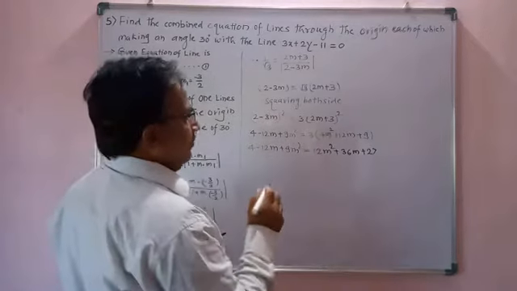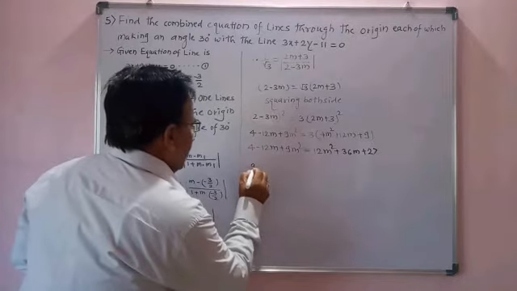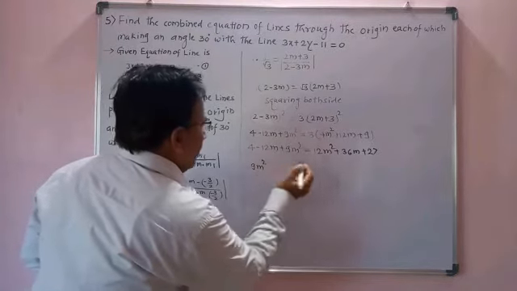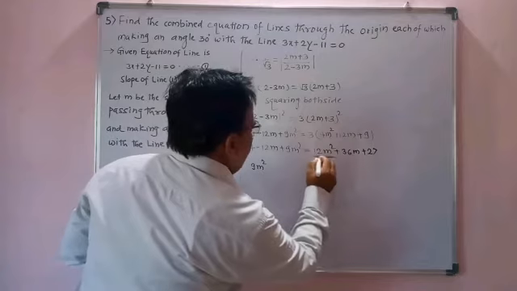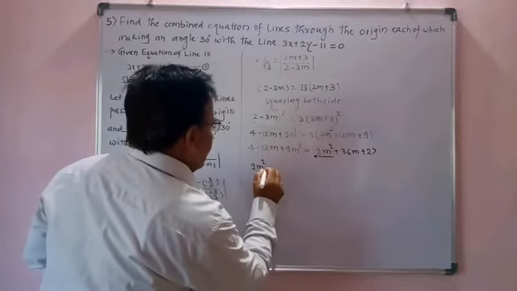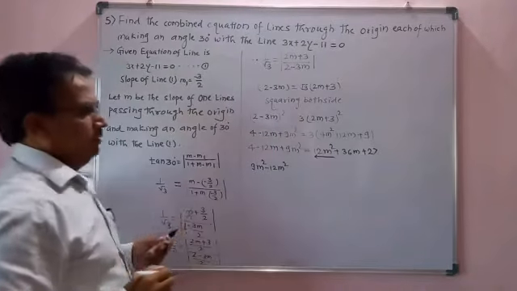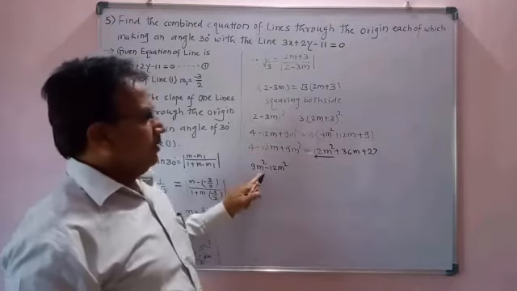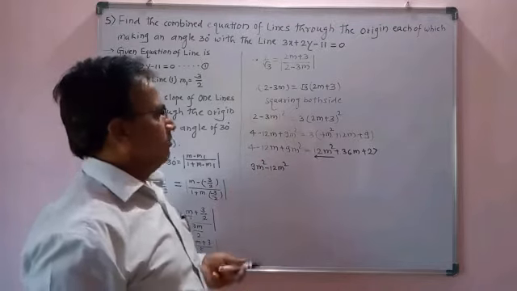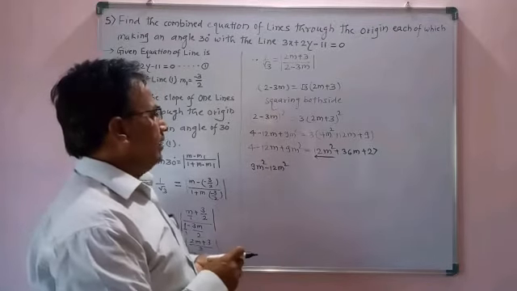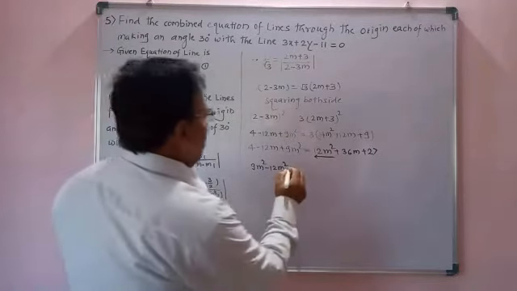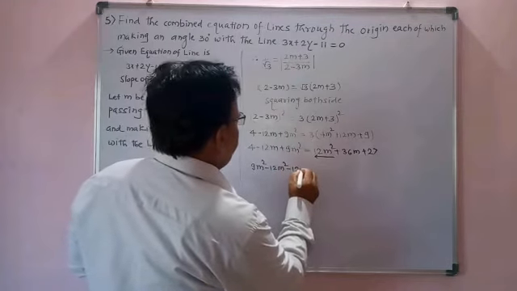Therefore, equating the similar terms, 9m square as it is, and this 12m square transpose on left side: minus 12m square. This 12m square transposes on left side: 9m square minus 12m square, minus 12m as it is.